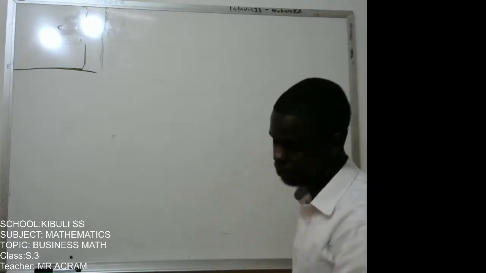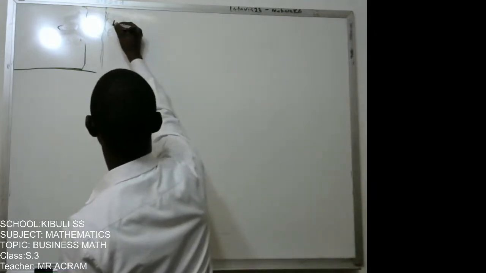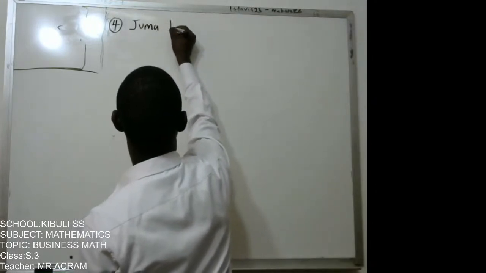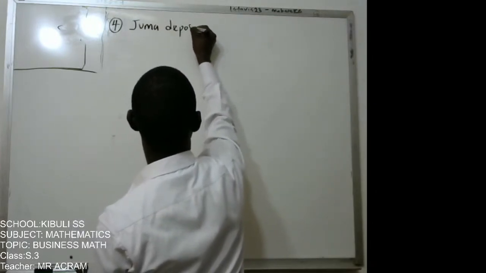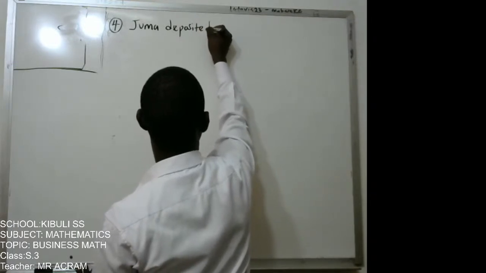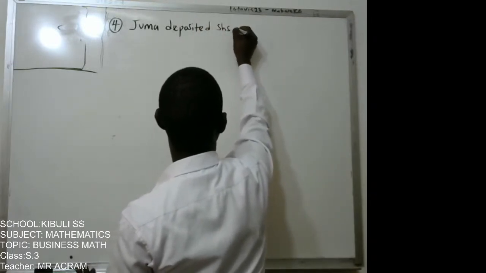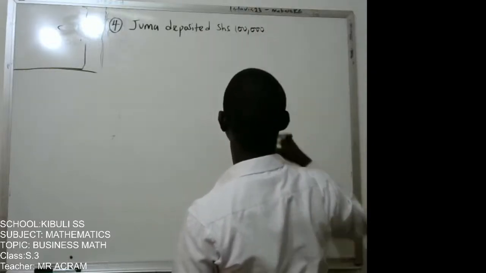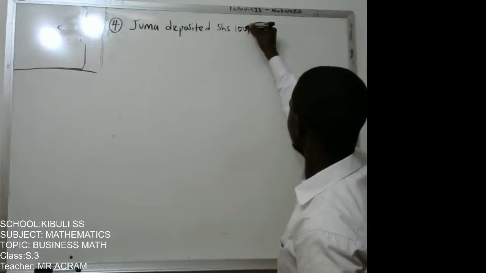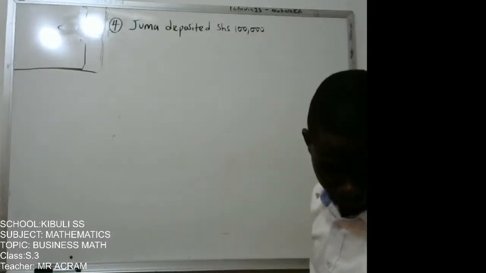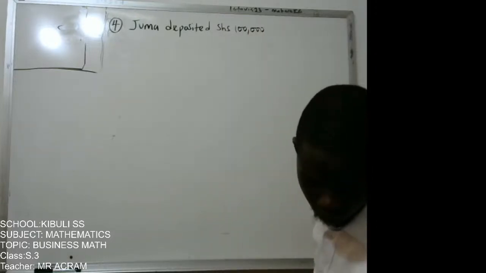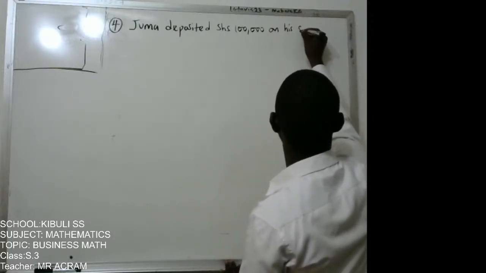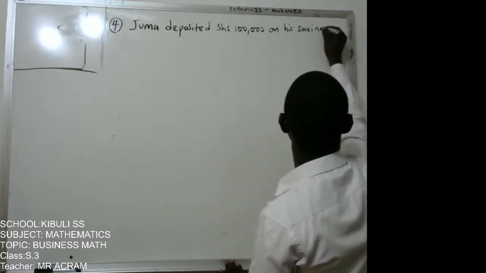So Juma, this is example 4. Juma deposited shillings 100,000 on his savings account.